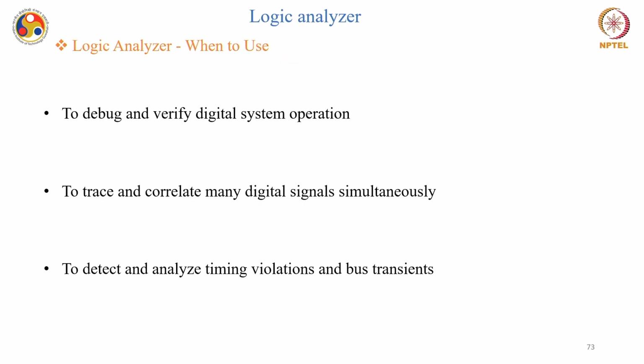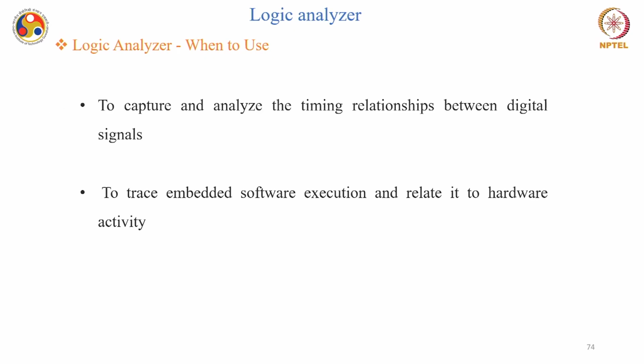While logic analyzers are useful when you want to debug and verify digital system operations, to trace and correlate several digital signals simultaneously, and to detect and analyze timing violations and burst transients in a digital circuit. They are also used to capture and analyze the timing relationship between digital signals and to trace embedded software execution and relate it to any hardware activities.